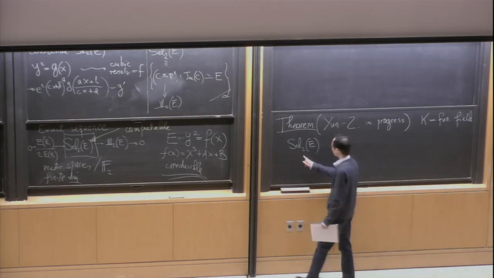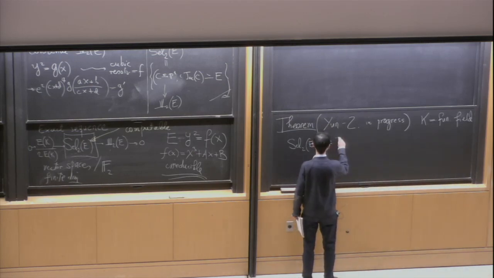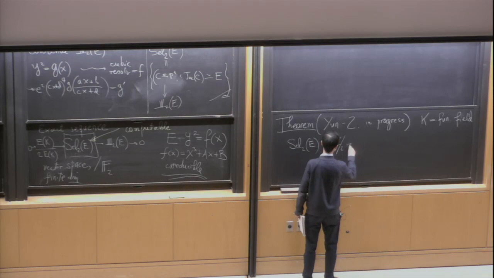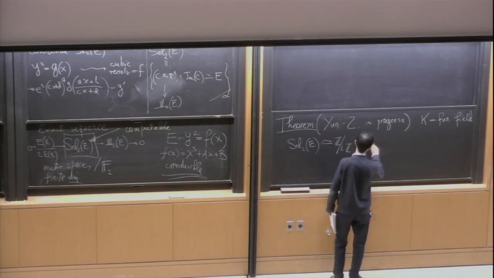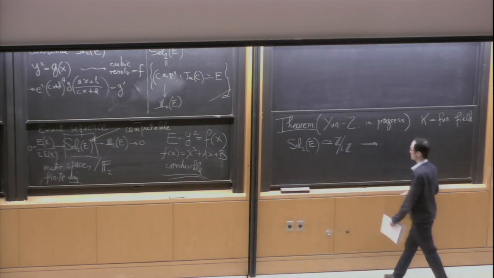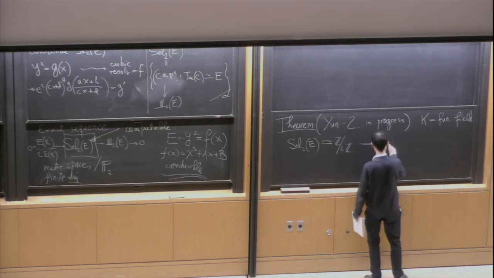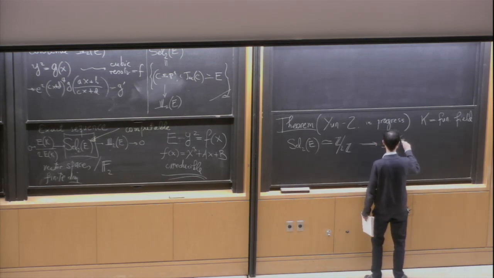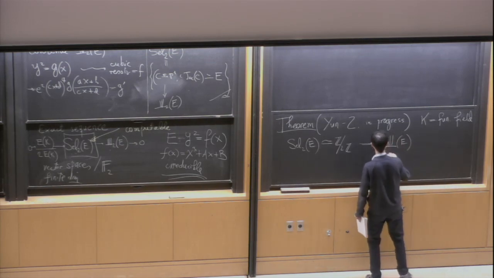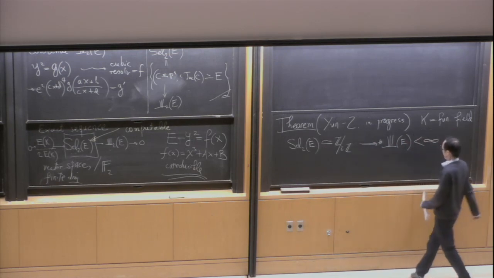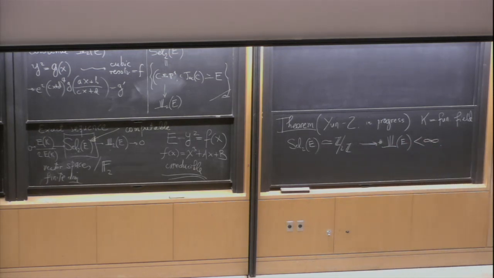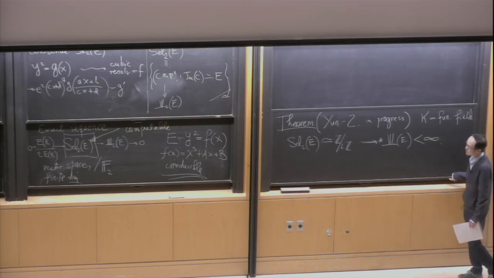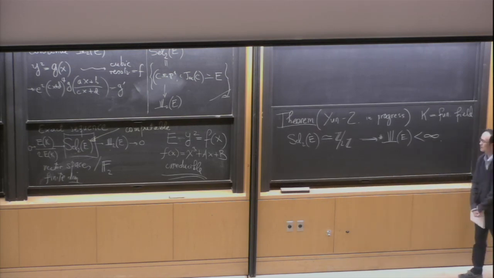In that case, if I assume this 2-Selmer group has order 2, then the Tate-Shafarevich group is finite. Earlier I mentioned the significance of the Tate-Shafarevich group is that it measures the failure of the local-global principle.